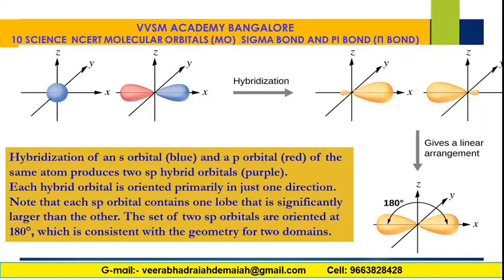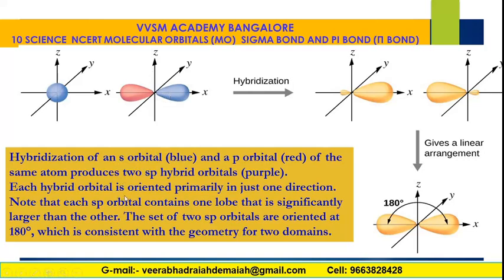Well friends, what is hybridization? Hybridization of an s orbital, this is blue, and a p orbital, this is red, of the same atom produces two sp hybrid orbitals, this is purple.